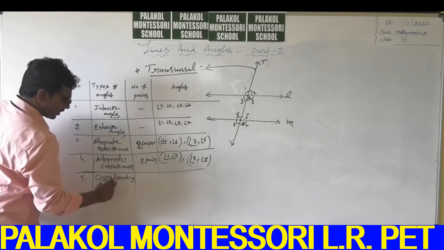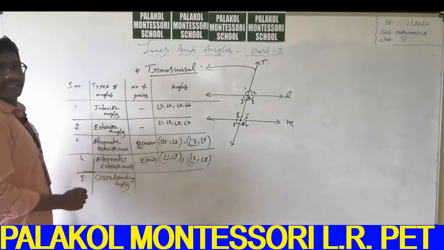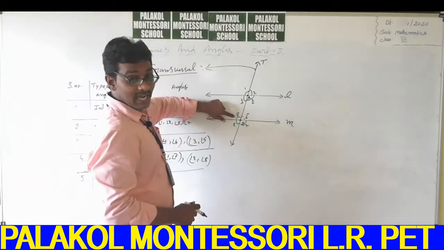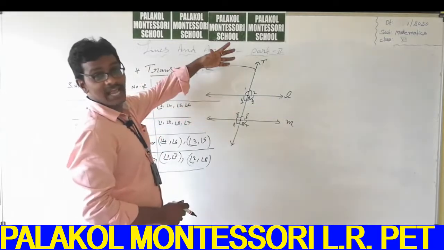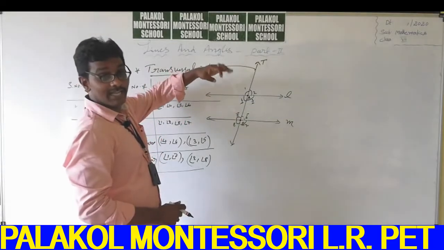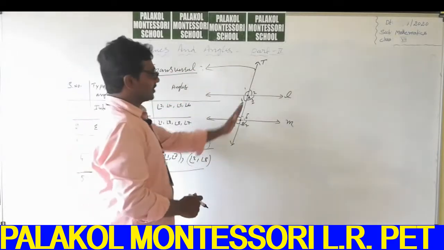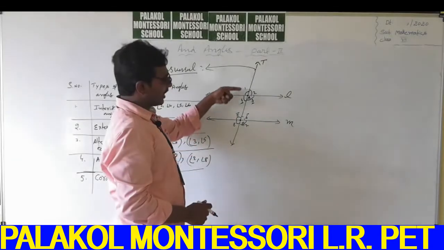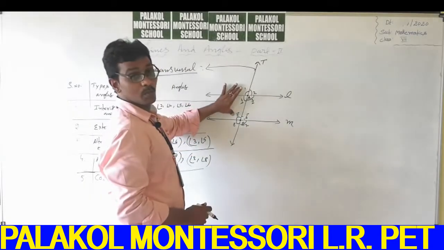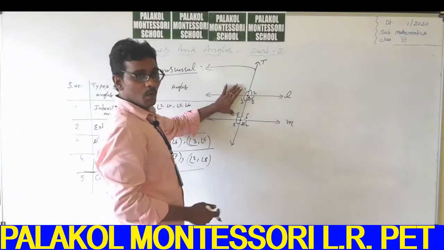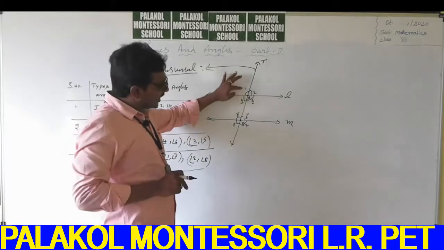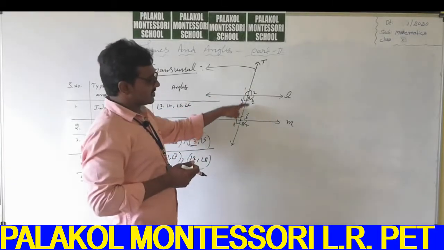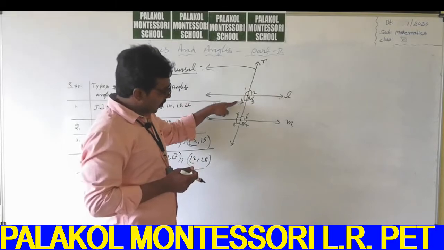Next one, fifth one, corresponding angles. Check it, for corresponding angles, four pairs are there. Same side, and one is interior, another one is exterior. Those angles are called corresponding angles. So check it, same side: angle 5 and angle 1. Angle 5 and angle 1, angle 6 and angle 2, angle 4 and angle 8, angle 3 and angle 7.